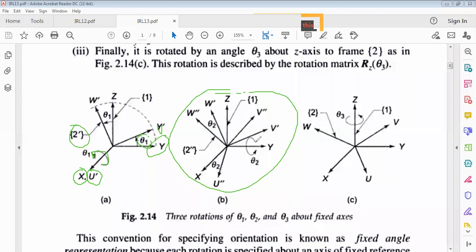So this is the rotation by an angle theta 2, from the 2 dash frame to the 2 double dash frame. I think you observed this. This is the rotation from u dash to u double dash, from w dash to w double dash. This rotation is theta 2.